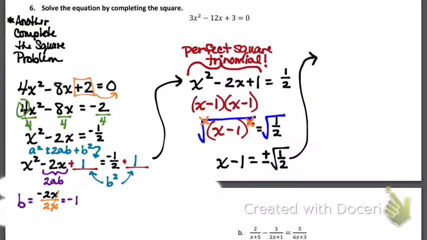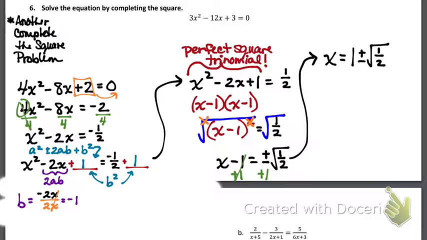Bring my work over here again. What do I need to do to get the x all alone? Add 1 to both sides. So I have x equals 1 plus or minus the square root of 1/2. Can I leave that as plus or minus the square root of 1/2?